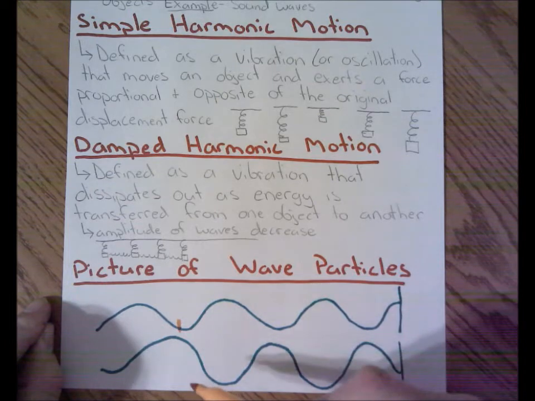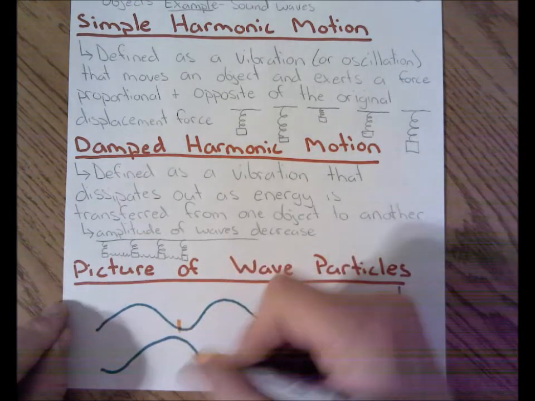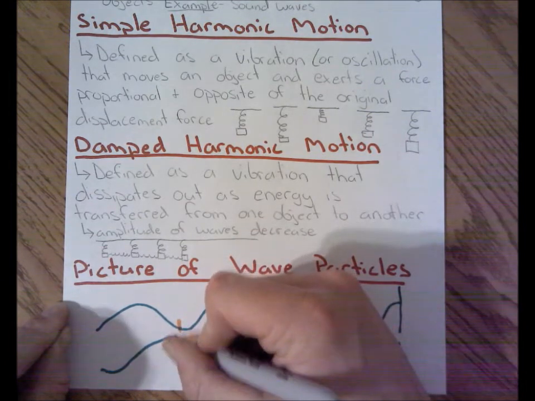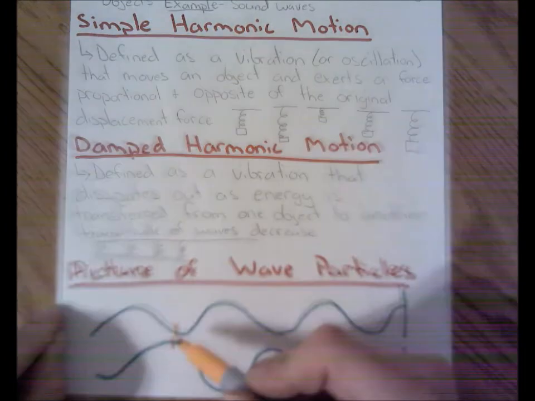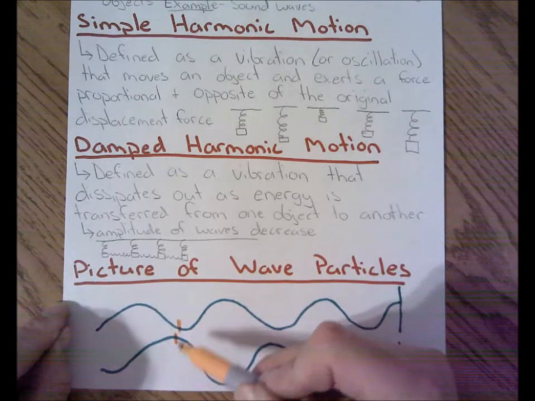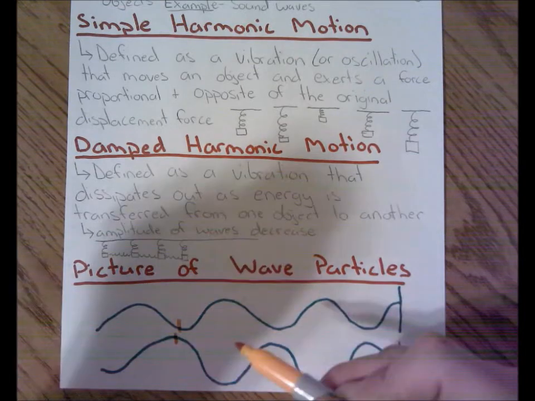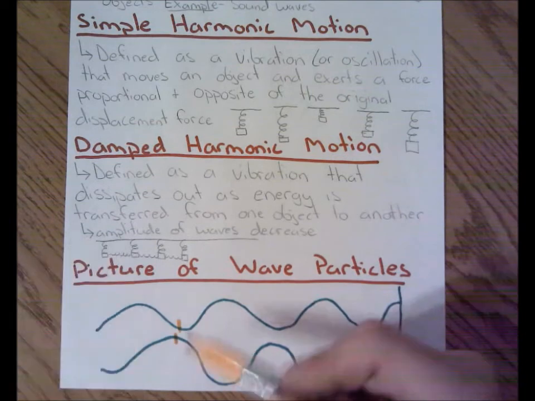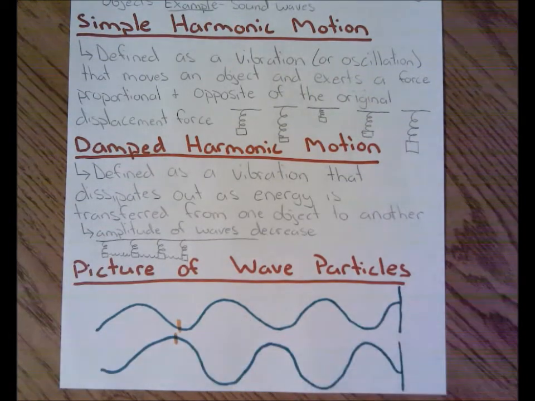Now, the particle does not change positions, and so this is why I use this colored pin here. As the wave moves up and down, the particle stays in that same location, and our energy is transferred in 2 positions.